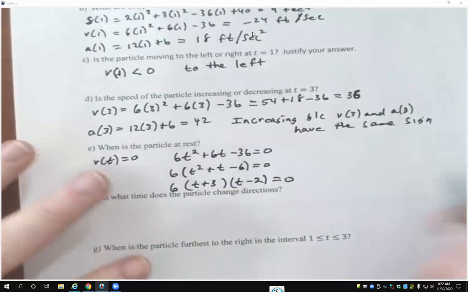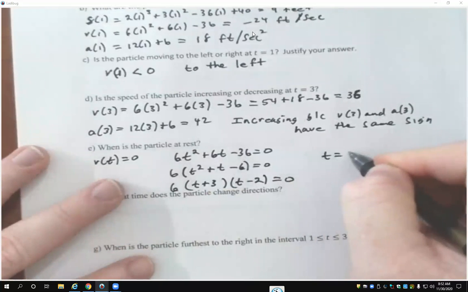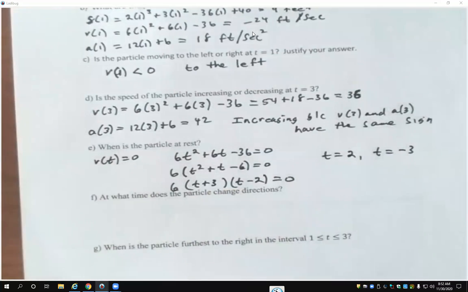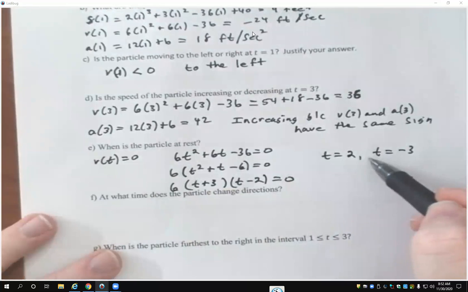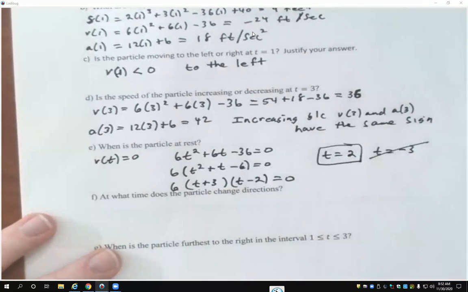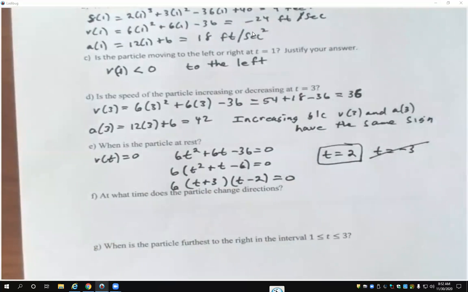We're going to set each factor equal to 0 and get t equals 2 and t equals -3. But we're not going to concern ourselves with negative time. So the answer is going to be t equals 2. At time t equals 2, the particle is at rest.